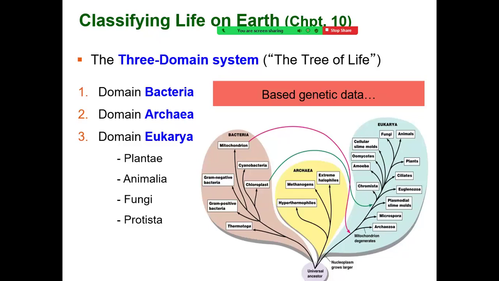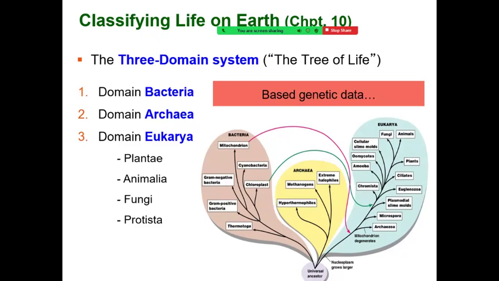All right, the next classification system, and we're not going to talk about any after this one, is you can break the domain into a kingdom. If you break the domain into the kingdom, we're going to use the 6-kingdom approach, where the domain bacteria is the same thing as the kingdom bacteria.